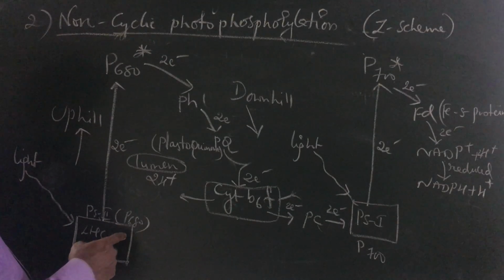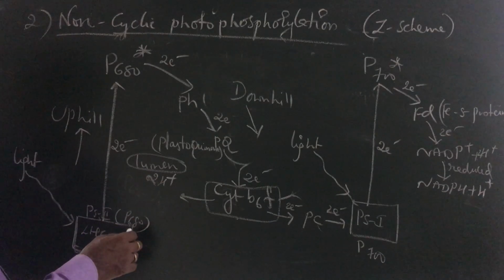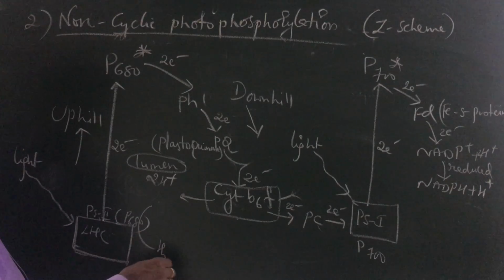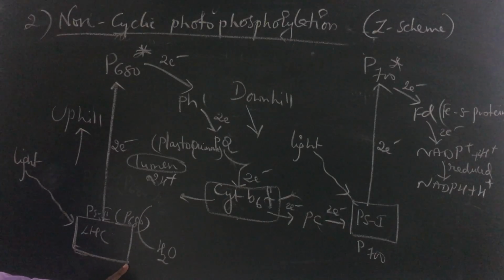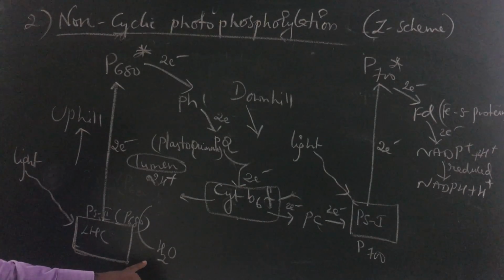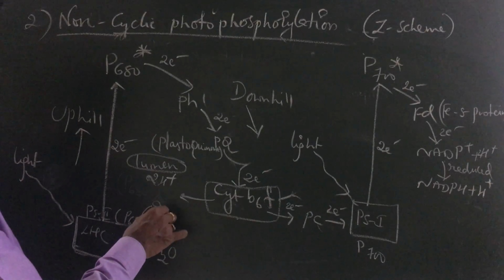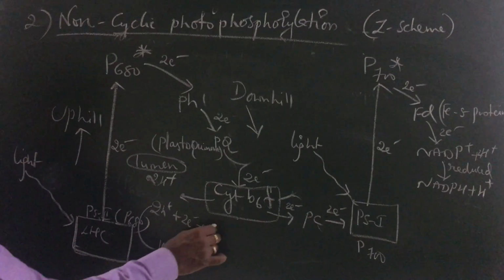Now the lost electrons are compensated by, because this is inside the lumen, I am telling, already 2 protons are present. The water will split. So when water splits here, what happens? It will form 2 protons, 2 electrons, and oxygen.